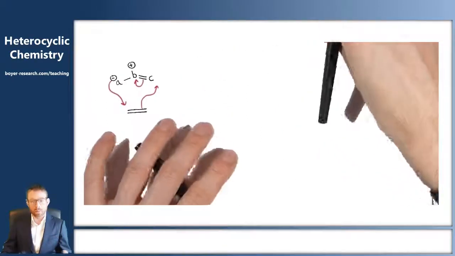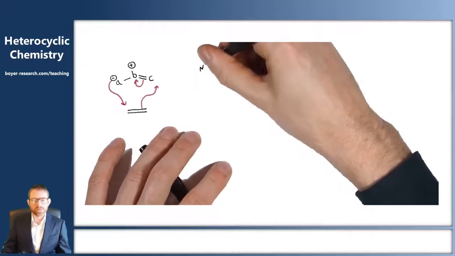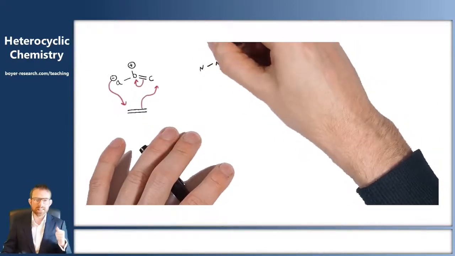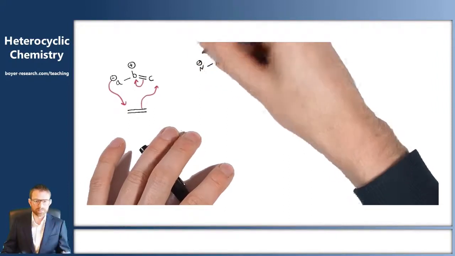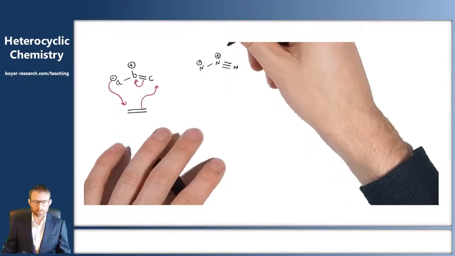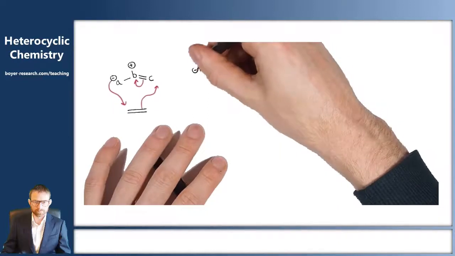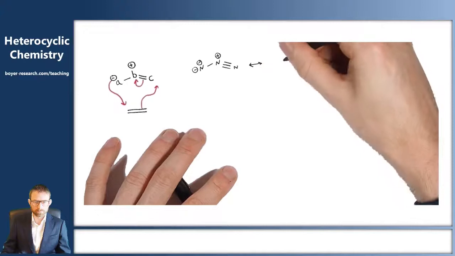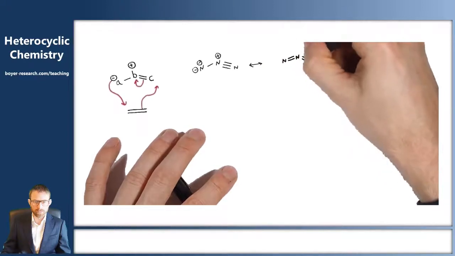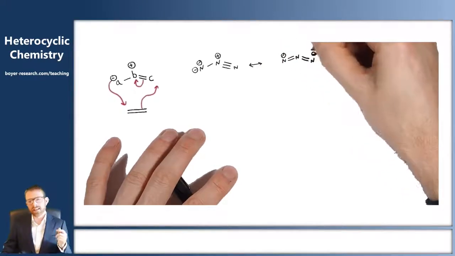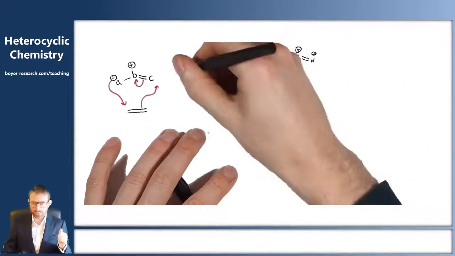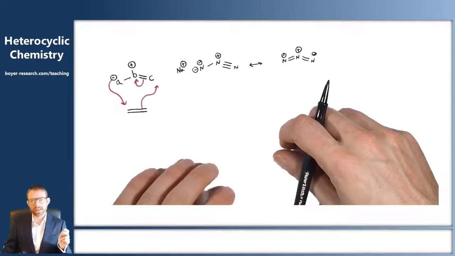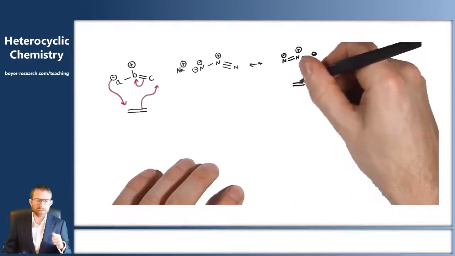If instead we want to make the tetrazole product, then we can use the same azide starting material. This time we're going to have sodium azide. Well, remember that azides have a resonance form, so we can either put both of the negative charges on one end or the other end.